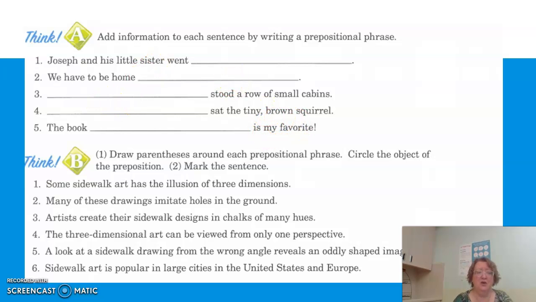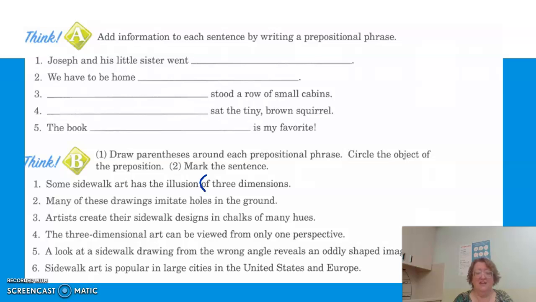So let's just do number 1 together. So let's read this sentence together. 3, 2, 1, begin. Some sidewalk art has the illusion of 3 dimensions. So class, what is the prepositional phrase?